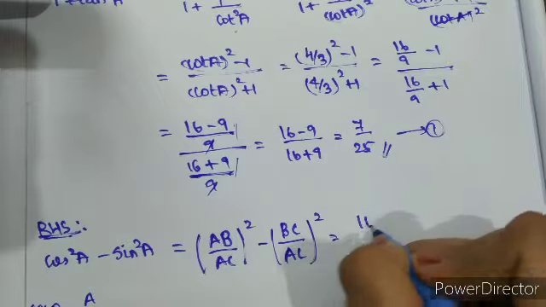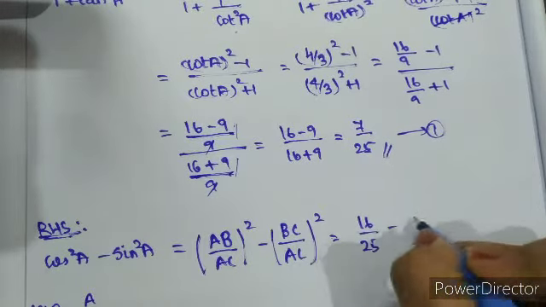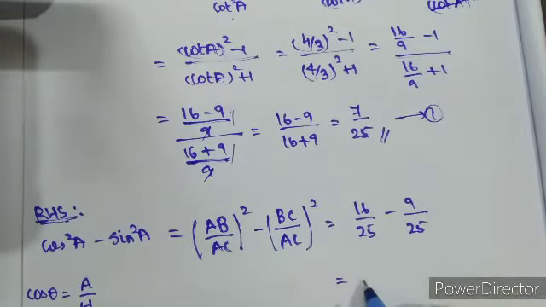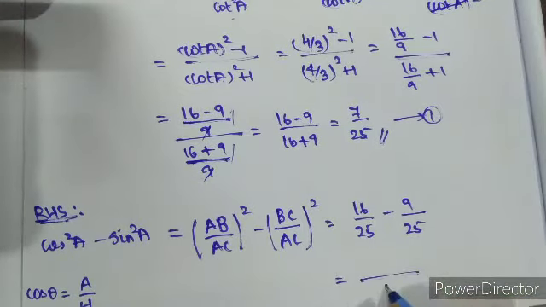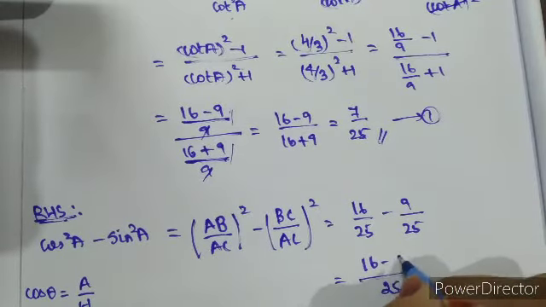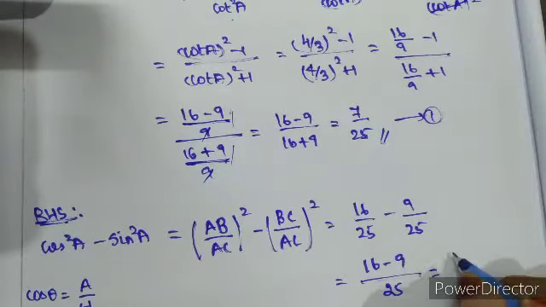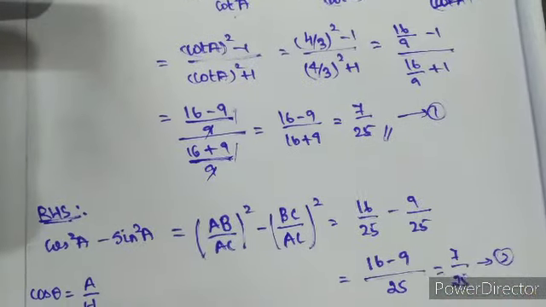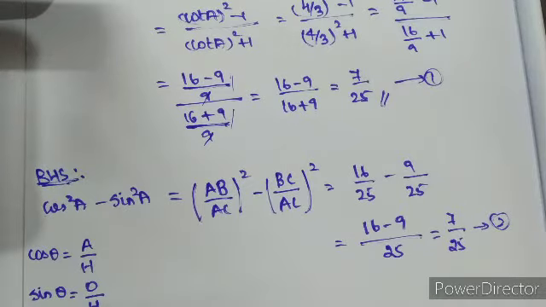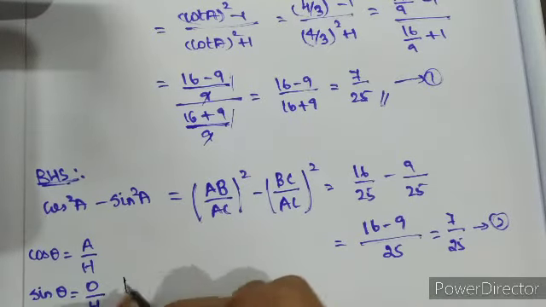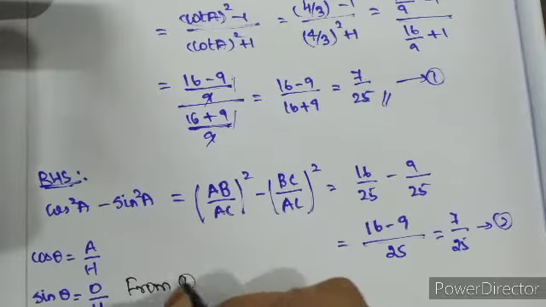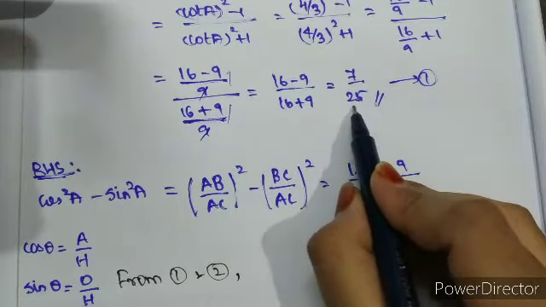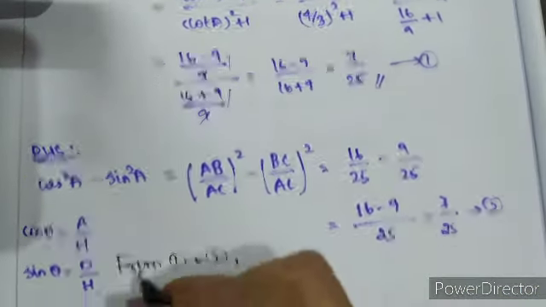Now let's substitute the values. So we get 16 by 25 minus 9 by 25. When we simplify this, we have a common denominator. So in the numerator we get 16 minus 9, which is equal to 7 by 25. This is our second equation. So from the first equation and the second equation, we came to know that this is also 7 by 25 and this is also 7 by 25.